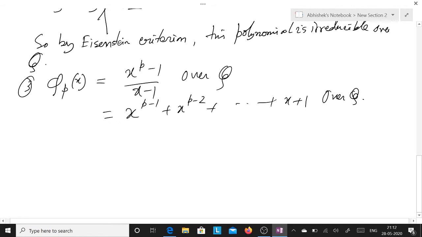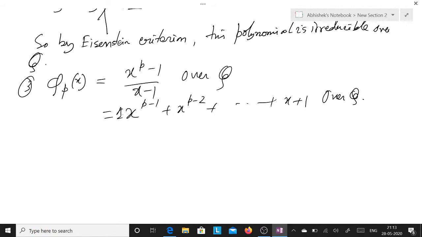So how do you choose a prime? Because all the coefficients are 1 here, from this one to the constant term. So how could you choose the prime? You may get stuck at this problem, that it is not possible to choose the prime p out of the coefficients of the given polynomial. And for this problem, you need to go for a trick.